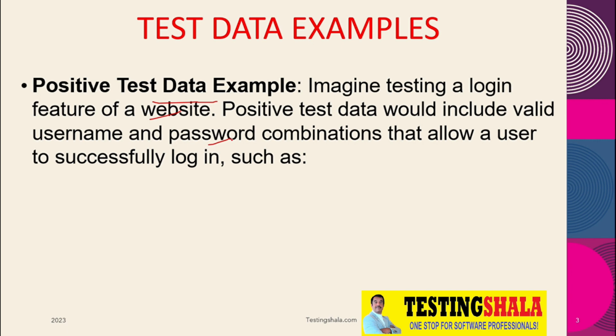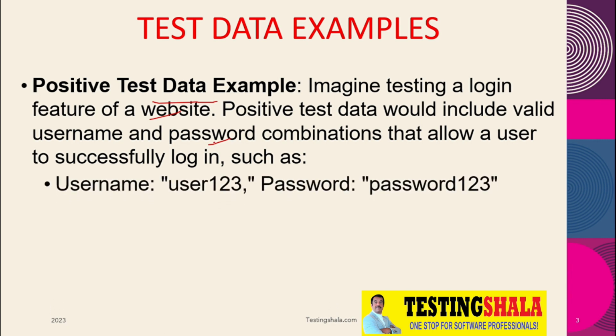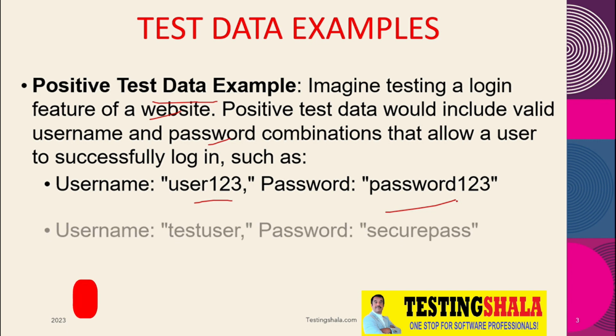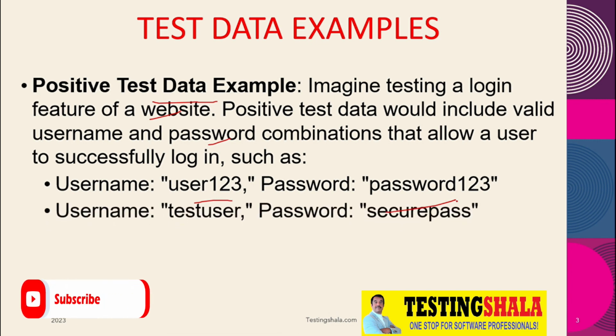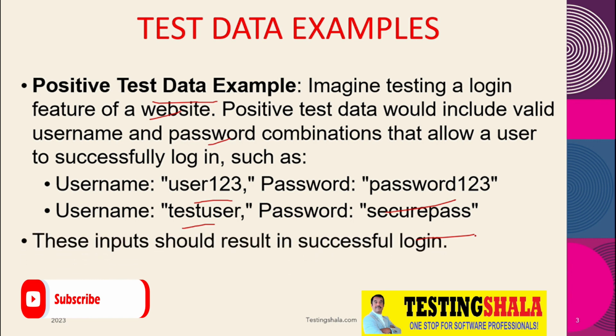We may give a username like this and a password like this. These are positive data which we provide to the application, so that we can test whether we are able to log in or not.